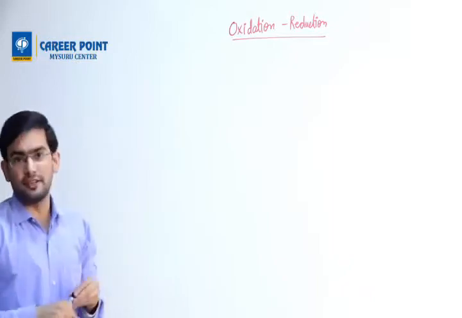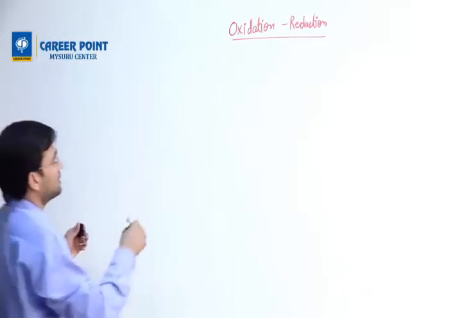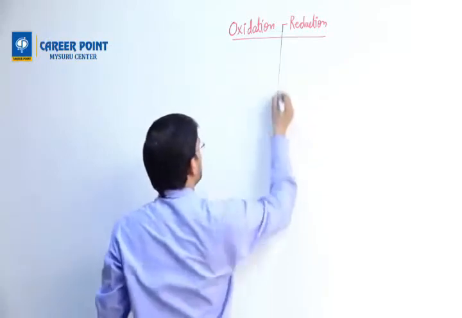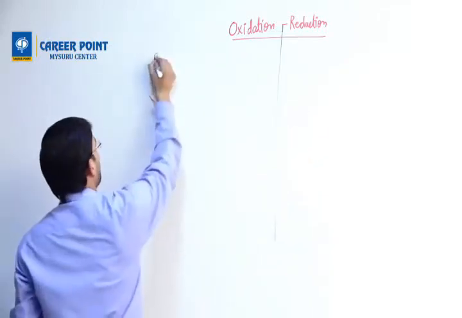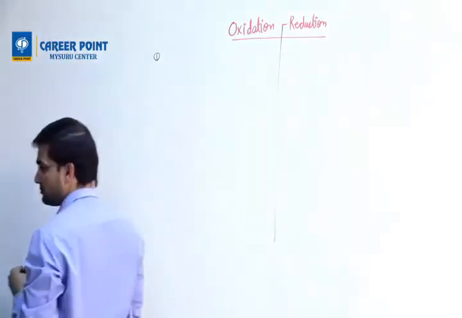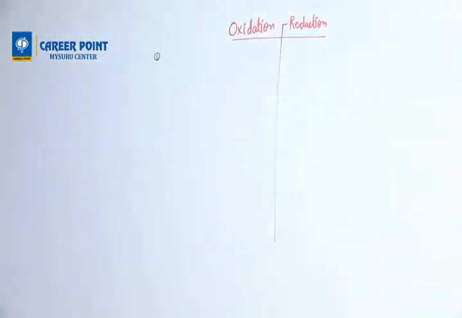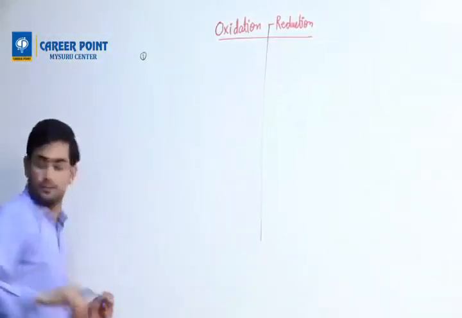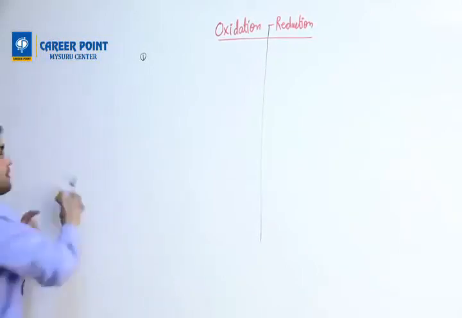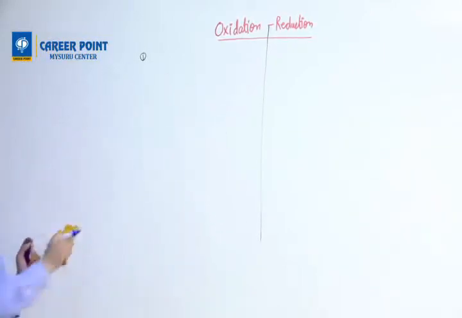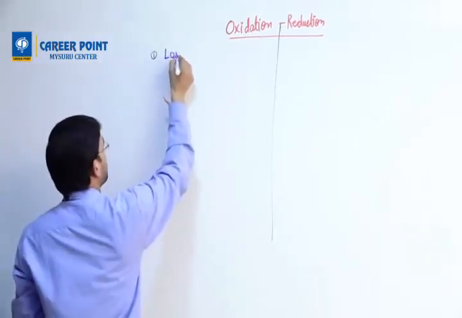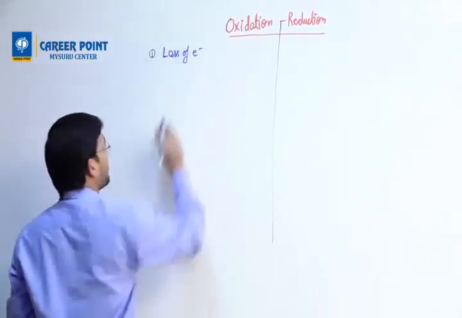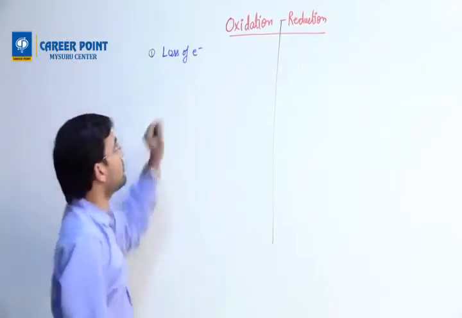Now oxidation and reduction. First you should understand what oxidation is. I'll write the definitions table-wise. Oxidation is known as loss of electron.